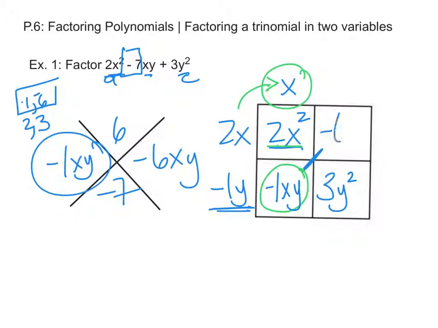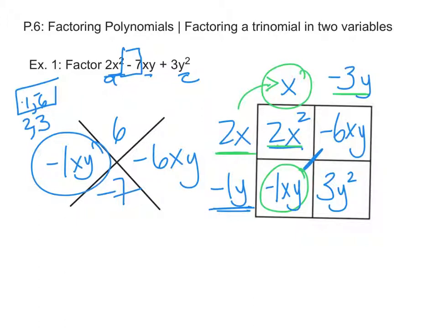That leaves us -6xy that goes in this diagonal, and then we just have to look at 2x times what gives us -6xy. So 2 times what gives us -6, that's going to be -3, and we have an x already, so that's just going to leave us with a y.